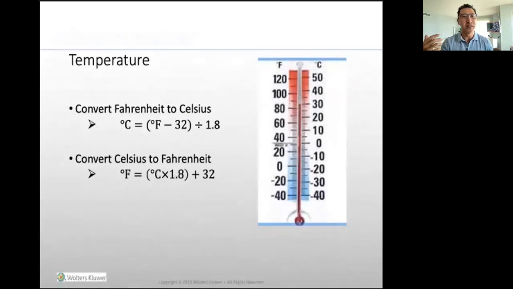But in medicine, we use Celsius for temperature. Why is that? Because it's an international standard. If I get my temperature taken in France, they're going to tell me my temp is 37.0. If I take it here at Cleveland Clinic, my temperature is still 37.0 because it's the standard.